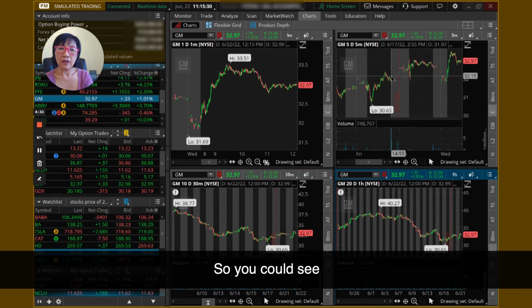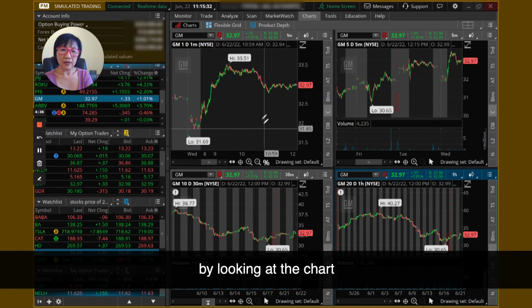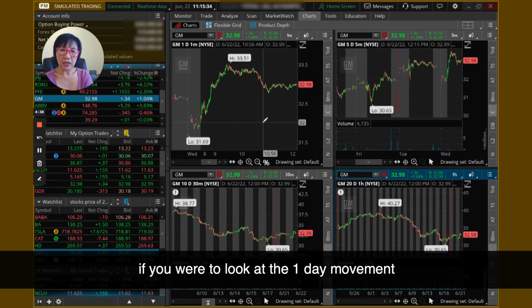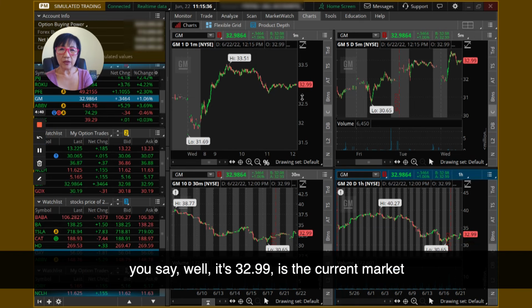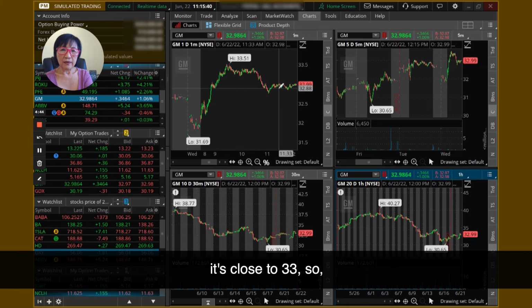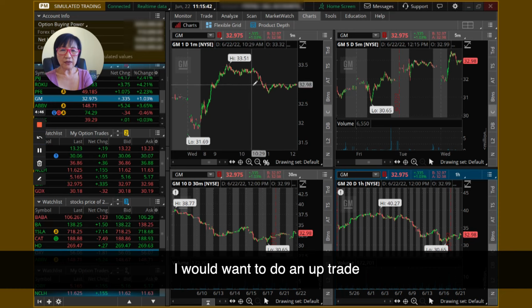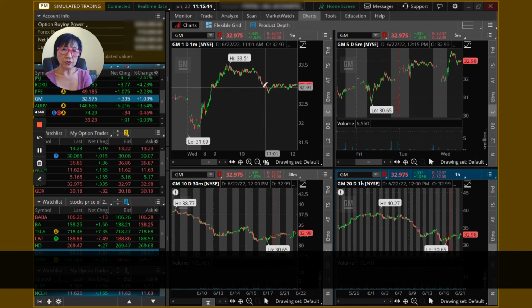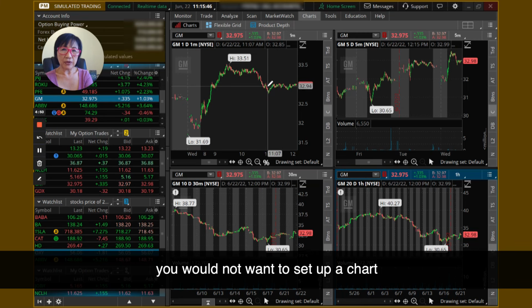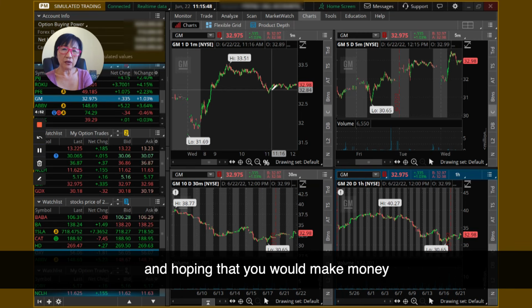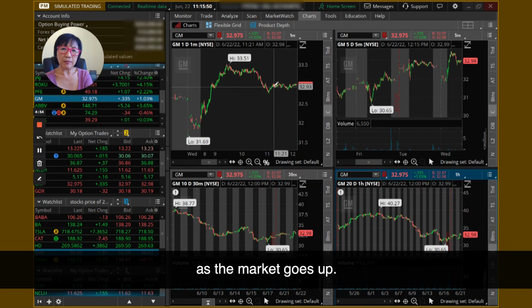You could see by looking at the chart, if you look at the 1 day movement, you'd say, well, $32.99 is the current market. It's close to 33, so I wouldn't want to do an up trade. You would not want to set up a trade hoping to make money as the market goes up.